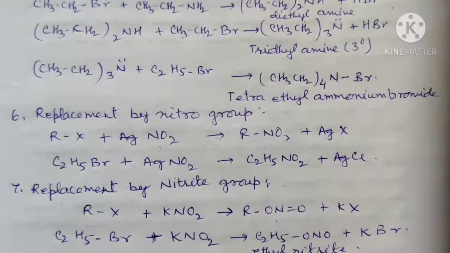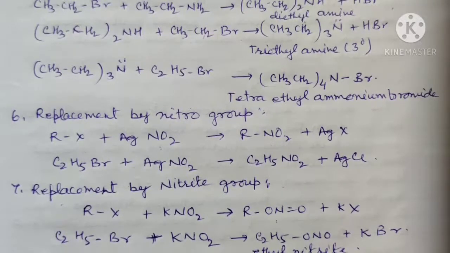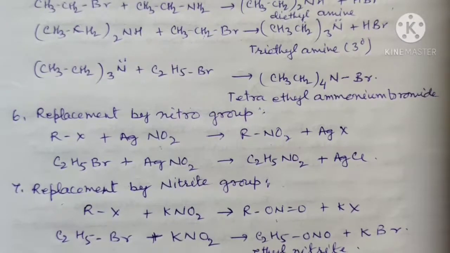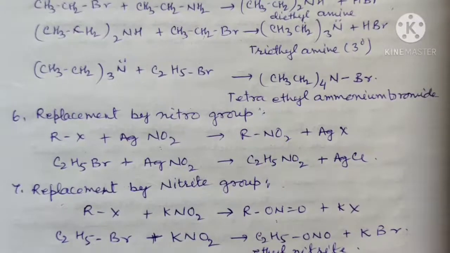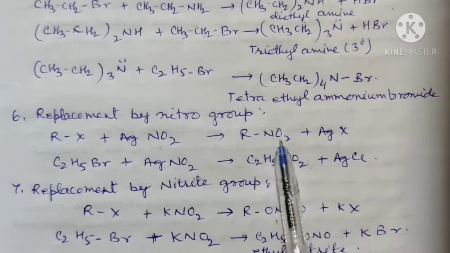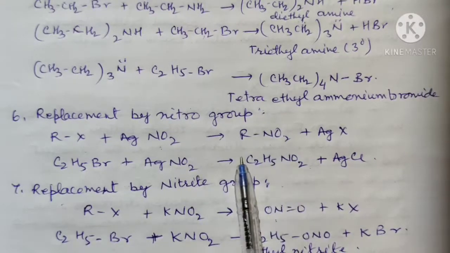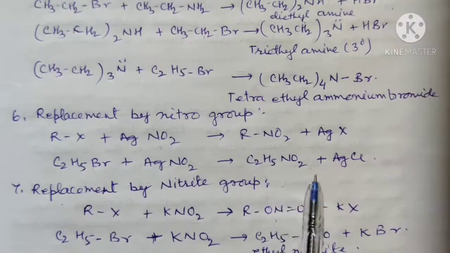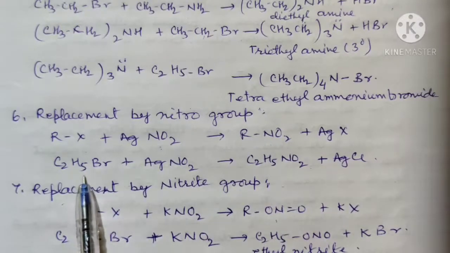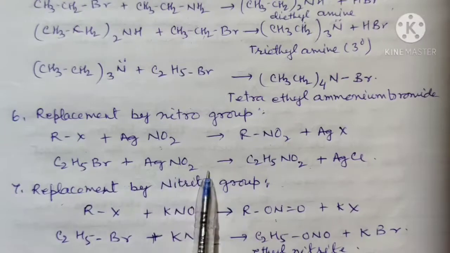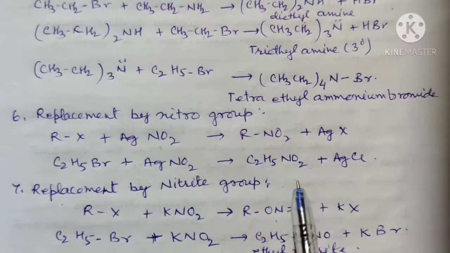It is due to the reason that the bond between Ag and O being covalent, the lone pair on nitrogen acts as the attacking site for nucleophilic substitution, and then there is formation of nitroalkane. So nitroalkanes are formed here: when we react ethyl bromide with AgNO2, nitroethane will form.